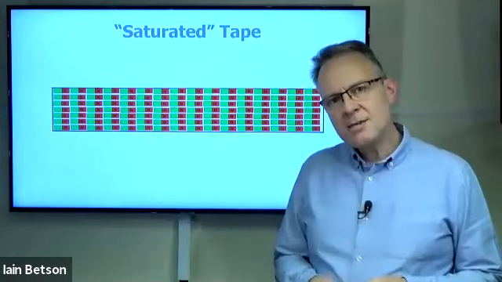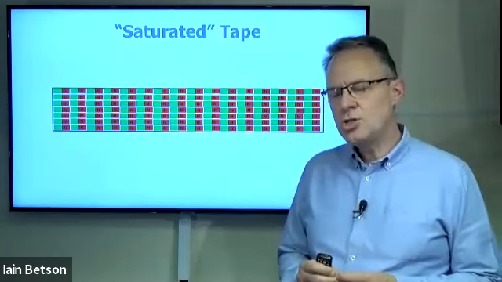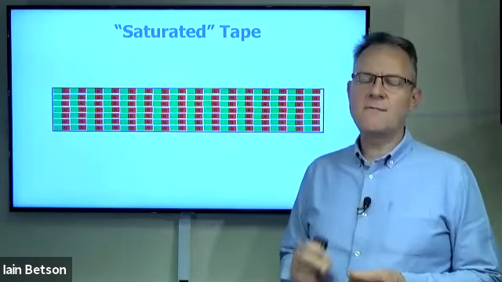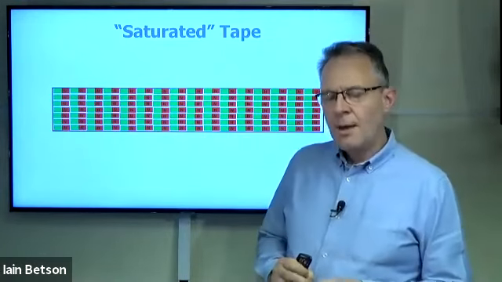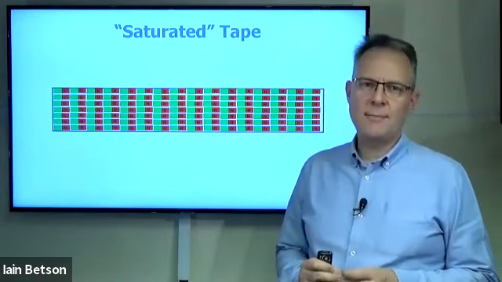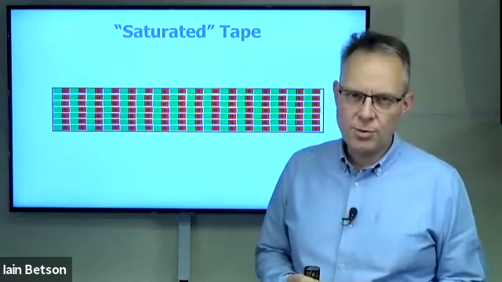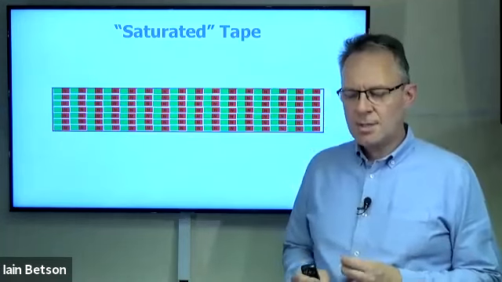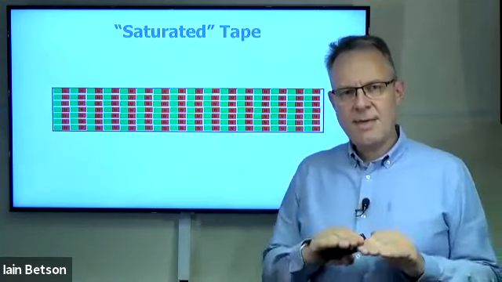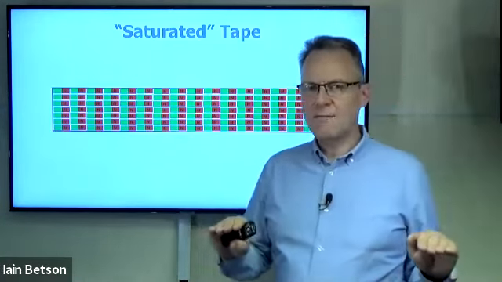If you read the specs of the Tascam 32, it could generate 1,500 nanowebers of flux from its record head into the tape. But some of the tapes that you put on that machine would take 2,000 nanowebers of flux before they would saturate. So in other words, going to the BBC, their maximum loudest sound would be 1,000 nanowebers.